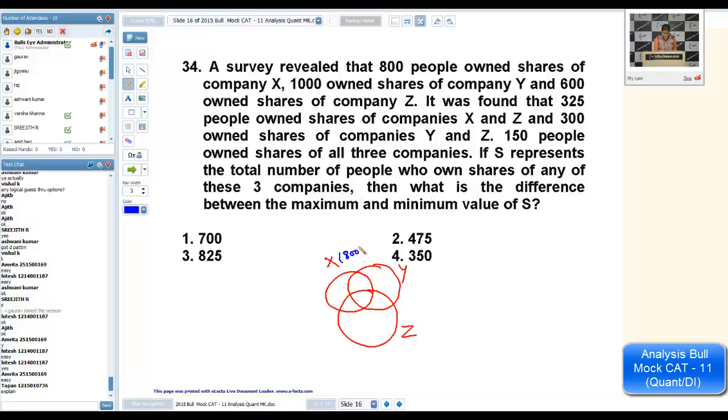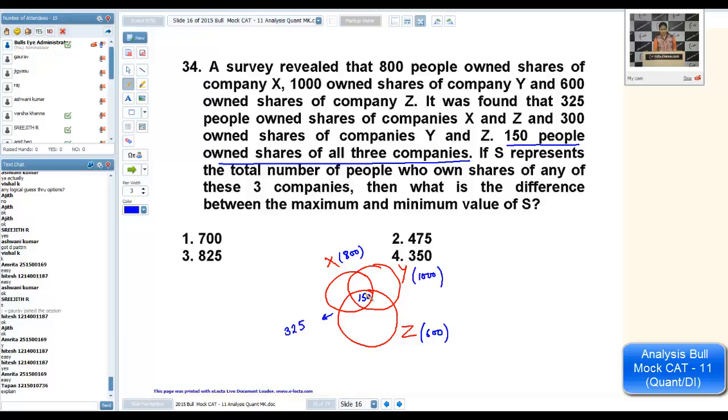So the total should be 800 for X, 1000 for Y, and 600 for Z. It is also mentioned that 150 people own share of all 3 companies. So it should be 150 here. Now coming to the next part, it was found that 325 people own share of company X and Z. Now this intersection total should be 325. But 150 we have already taken.